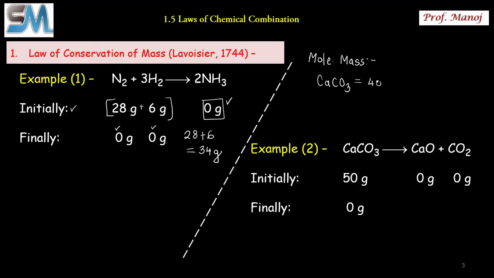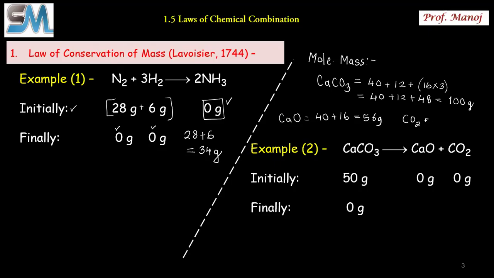Calcium's mass is 40 gram, carbon mass is 12 gram, and oxygen individually is 16. There are 3 atoms, so the total is 40 plus 12 plus 48, which comes out to be 100 gram. Similarly, the molecular weight of calcium oxide is calcium's weight plus oxygen weight, that is 56 gram. And similarly, the molecular weight of carbon dioxide comes as 12 plus 32, that's 44 gram.